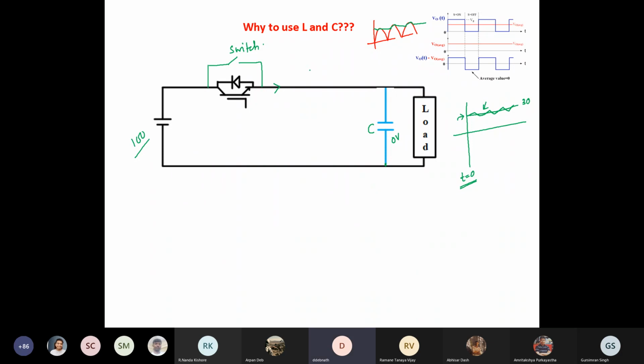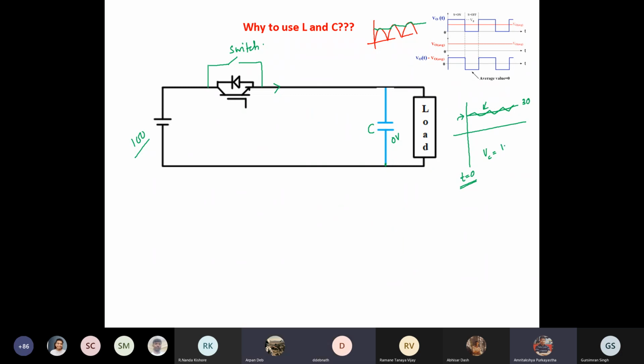Or do you have any confusion? You are connecting an uncharged capacitor to a battery, maybe 100 volts. So the capacitor has to quickly get that 100 volt. How can you get it? It has to draw infinite current, right? Because VC will be what? Capacitor voltage equation. So it will be 100 volt.